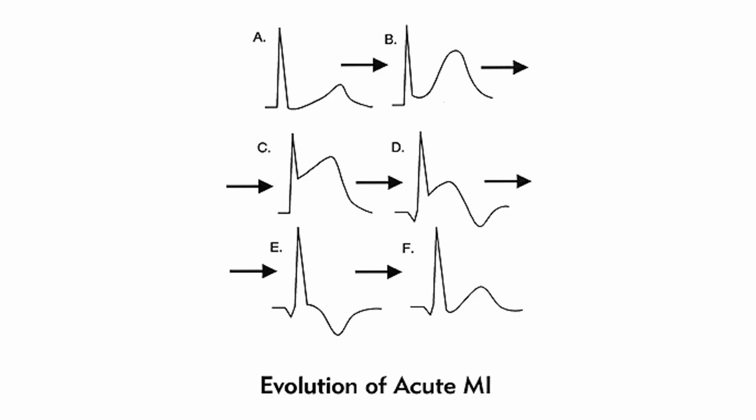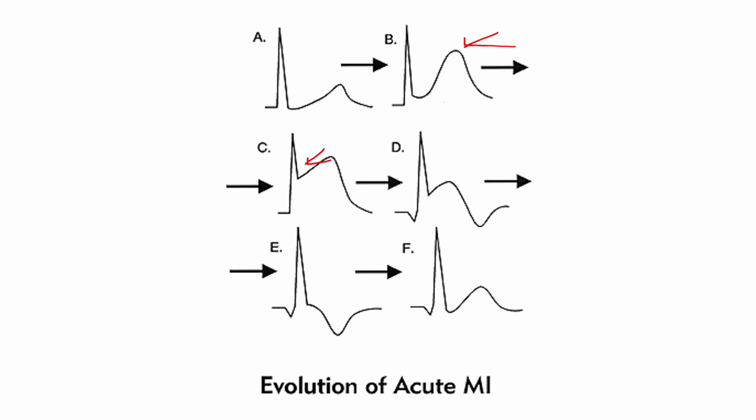You may have seen this schematic before about the evolution of an acute MI. Obviously, this is the evolution of an ST elevation MI, or a transmural myocardial infarction. And so the first changes that you might see on the EKG as you move from A to B would be an elevation of the T wave as it gets a little bit bigger than the normal T wave that you see in A. Moving on to C, that's when you start seeing the elevation of the ST segment.